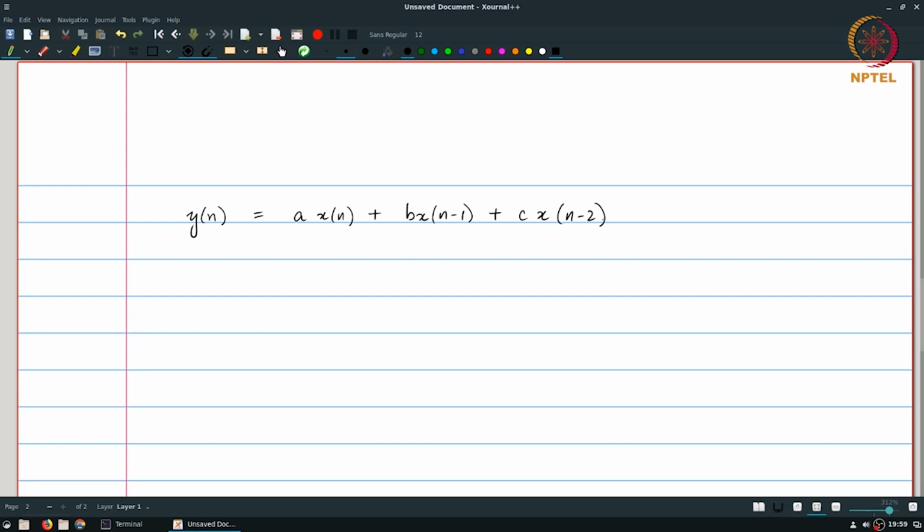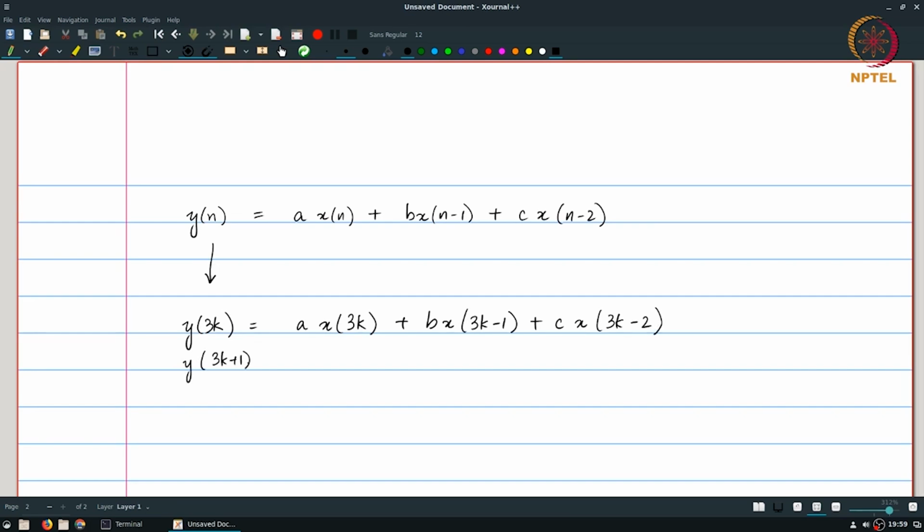Now, what if I rewrite this in terms of a new index variable that I will call k and write it as y of 3k equals a x of 3k plus b x of 3k minus 1 plus c x of 3k minus 2, y of 3k plus 1 will therefore be equal to a x of 3k plus 1, which is exactly the same as before, b x of 3k plus 1 minus 1 which I can rewrite as just 3k itself, and c times x of 3k plus 1 minus 2, which is 3k minus 1.